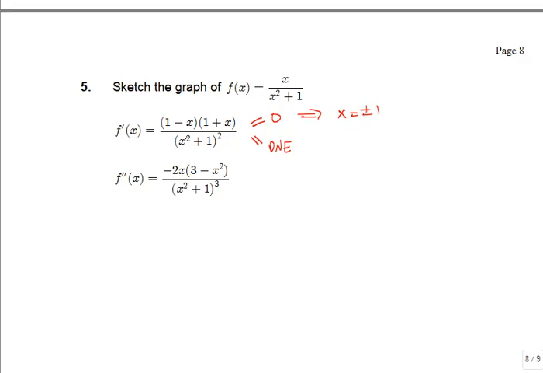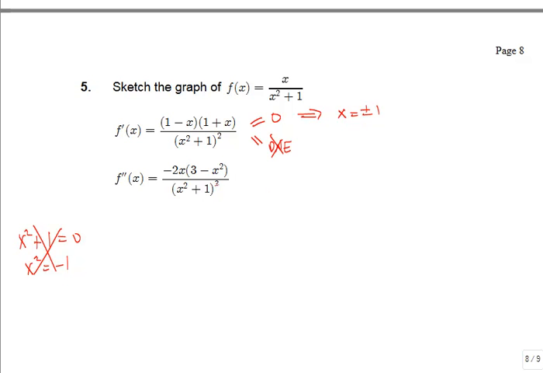Now the denominator equaling 0 would be wherever this whole fraction is DNE. So is it possible for that denominator to equal 0? No, it's not, because if you set x squared plus 1 equal to 0, you're going to have to try and take the square root of a negative number, which can't happen. So this is impossible. We don't have to worry about that case.